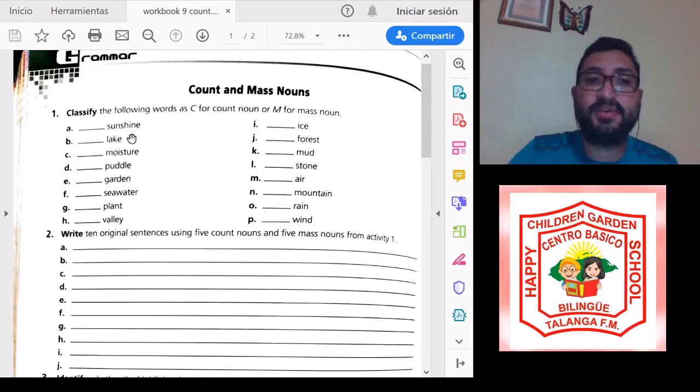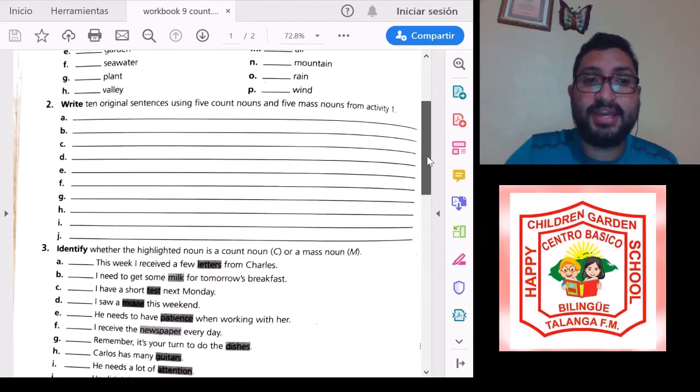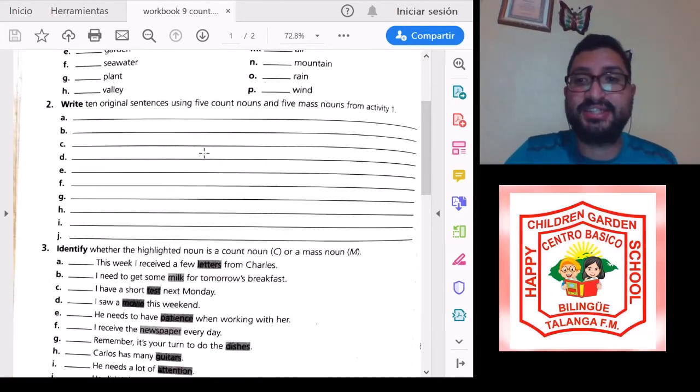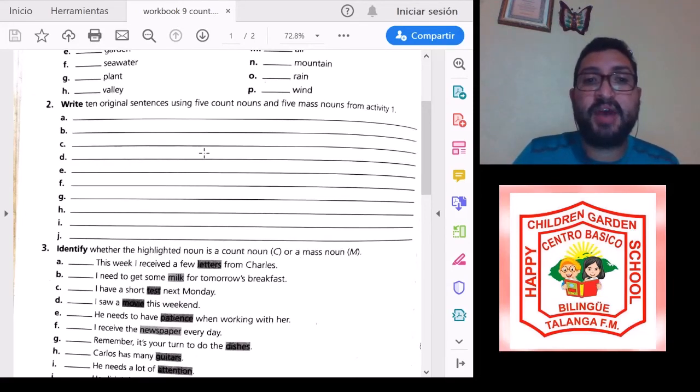In the first part, you're going to determine whether the noun is count or mass. And then you're going to write an original paragraph, something that you want to write, using 5 count nouns and 5 mass nouns. So try to write a story and complete the activity.